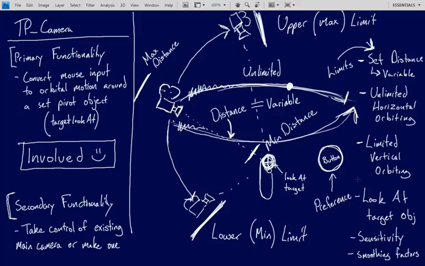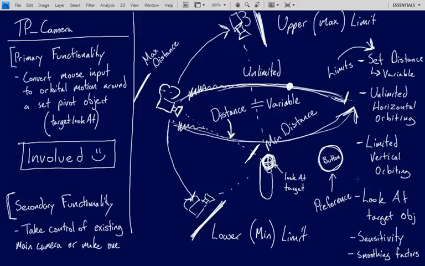And then we have that secondary functionality where, when called upon, the class will either take control of an existing main camera, or if it can't find one, it'll make its own main camera and then take control of that.